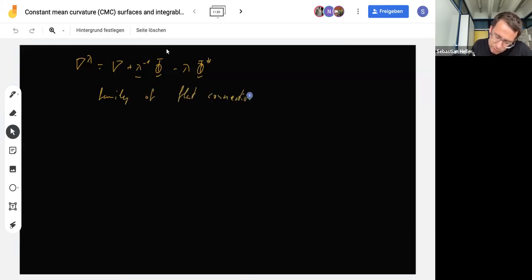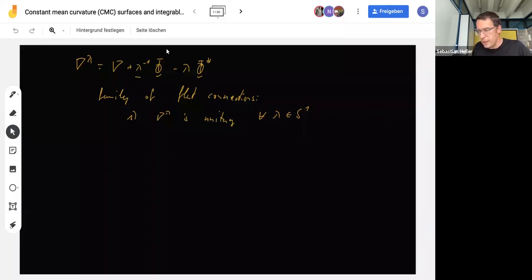with the following properties. What we know is nabla lambda is unitary for the standard Hermitian metric on our rank 2 bundle for all lambda in the unit circle. So this can be seen as the intrinsic closing condition, or that we really have a solution of the Gauss-Codazzi equation.